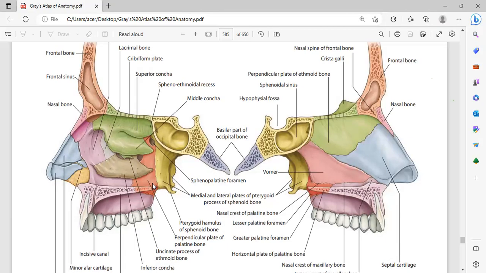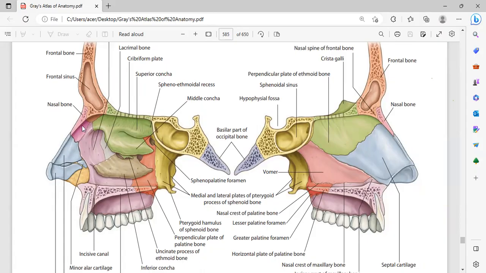at the back. Then coming to the roof, it is formed posteriorly by the body of the sphenoid. So this is the sphenoid bone. Then in front by the cribriform plate of the ethmoid bone, then by the frontal bone here, the nasal part of the frontal bone, and by this nasal bone.